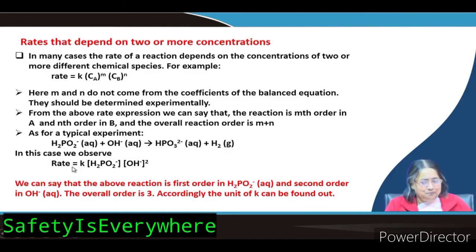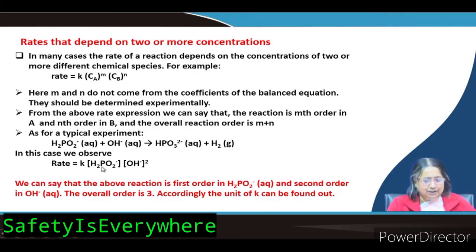Experimentally it has been observed that the rate expression is H2PO2 minus to the power 1 and OH minus to the power 2. But you see here the coefficient is 1, so you cannot tell just by seeing the equation what the order will be.